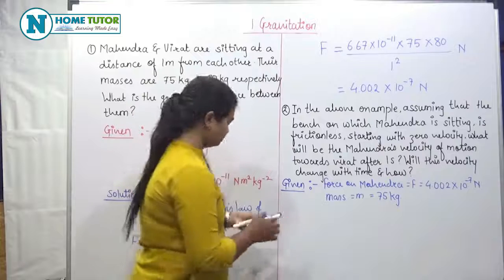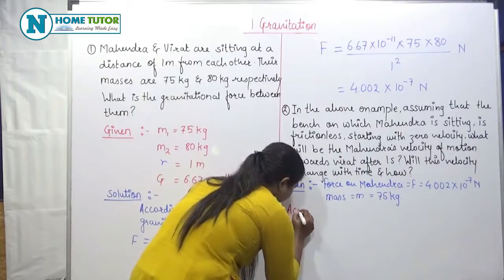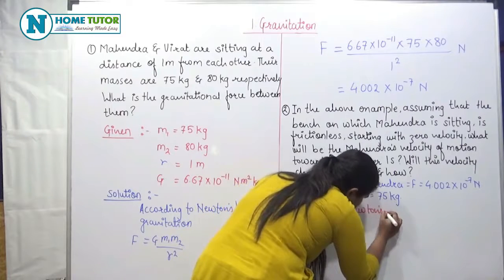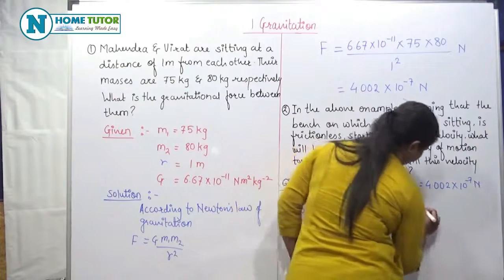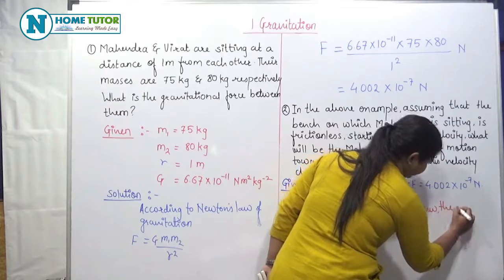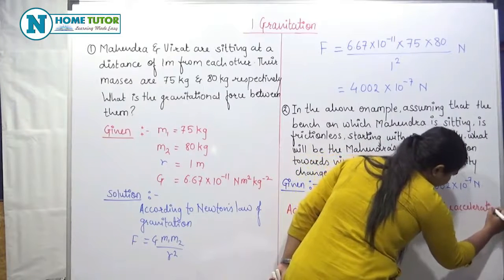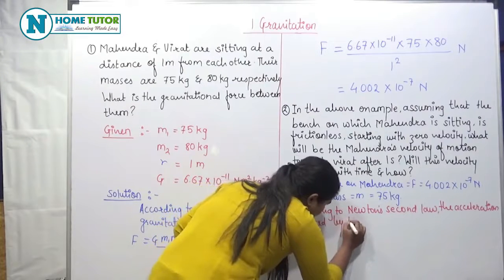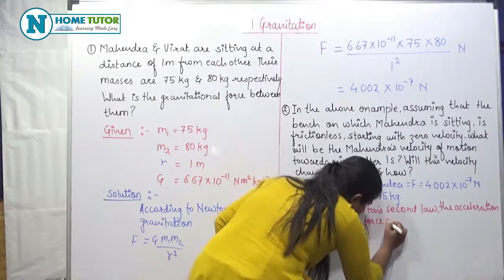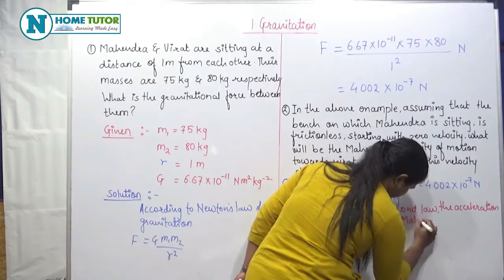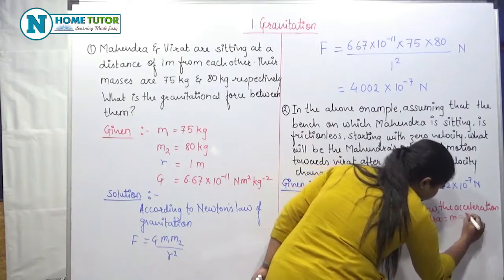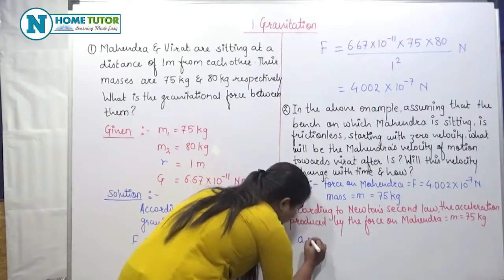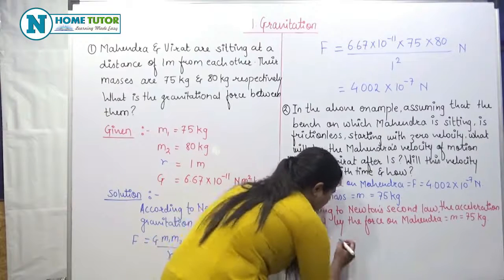So according to Newton's second law, the acceleration produced by the force on Mahendra, that is M is equal to 75 kg, will be acceleration A is equal to F upon M. So let's substitute the values here.